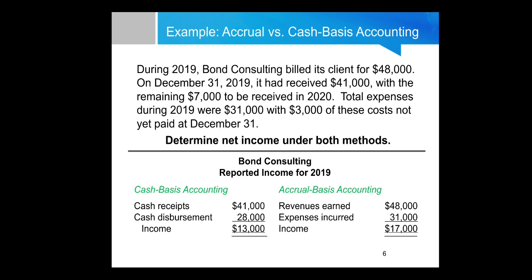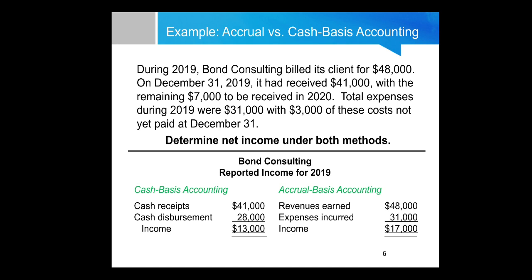Revenue equals cash received by the business from selling things or providing services. So for Bond Consulting, the cash received from clients is 41,000.